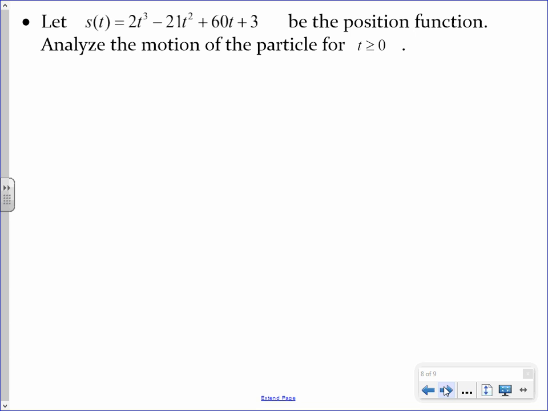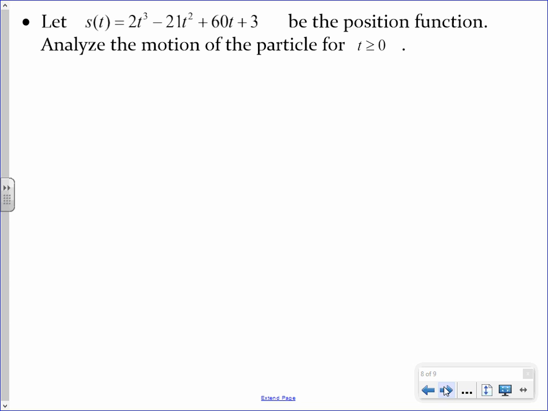I would love to determine where this is at the origin, to the left, to the right, but I don't think that's going to happen because that's not a cubic function that we're going to set equal to 0 and solve with ease, so we're not going to do that.